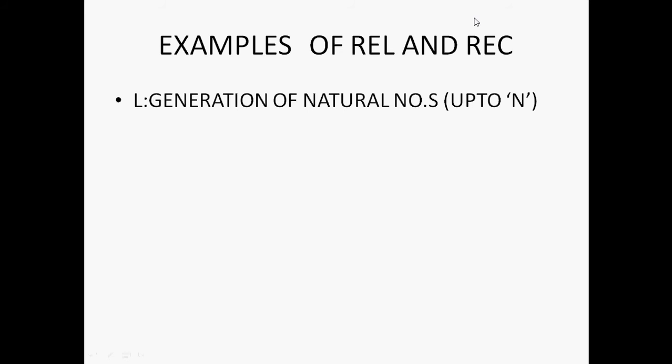For example, let L be the language that generates natural numbers up to n. You are given a number n, for suppose n is equal to 5. It will generate the numbers 1, 2, 3, 4, and 5. So n is some constant value that is given as input, and the generator grammar generates the numbers up to n.